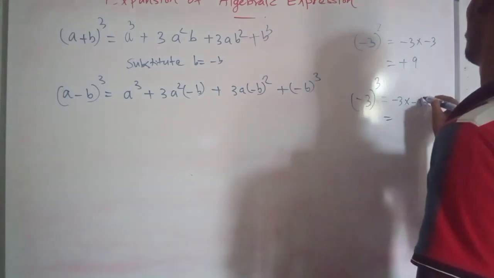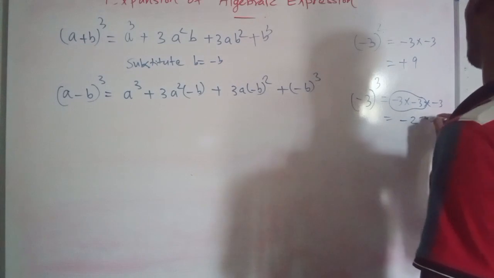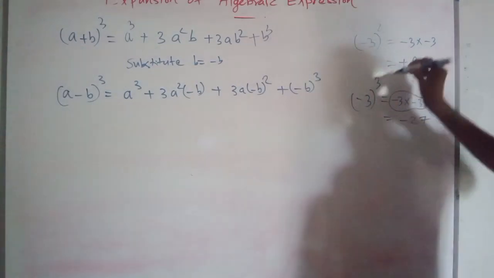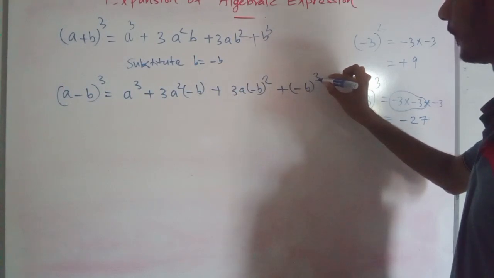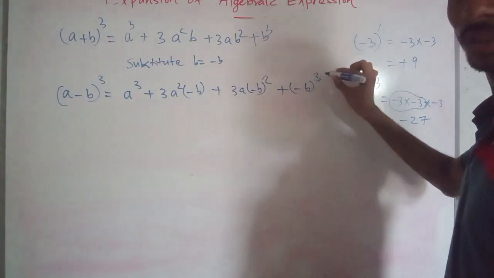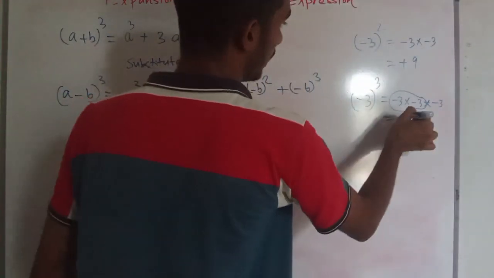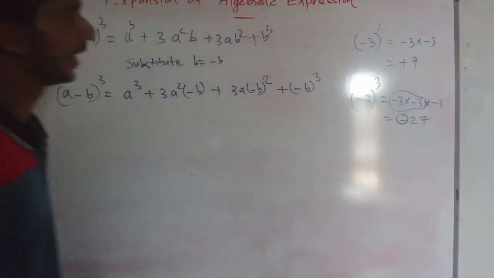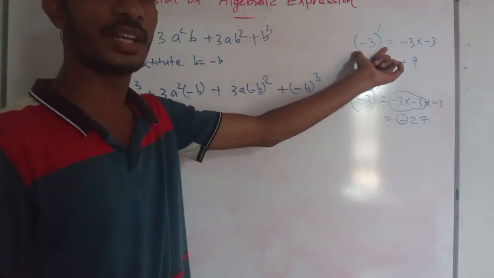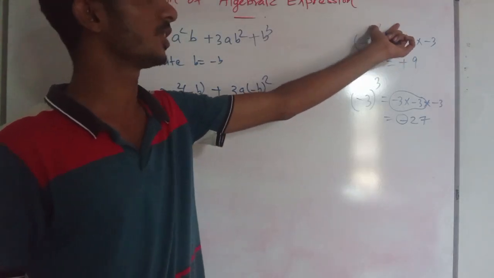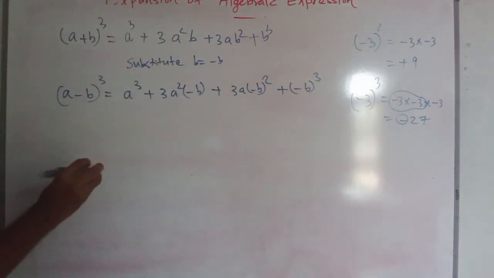So this is equal to minus into minus 3, that is 9, and minus 3, that is minus 27. Now if we have a negative number and if the exponent is odd, then you will get a negative value. So you see, before 27 we have negative, but if the exponent is even, even if we have a negative number, the total value will be positive. So you should remember this.